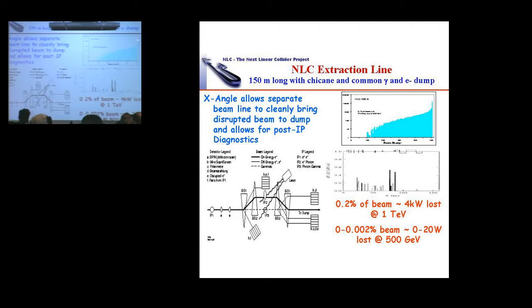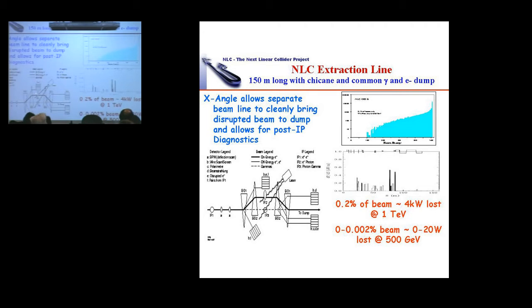As Reinhardt mentioned, there's an energy tail on the machine that is due to disruption, and basically the challenge is to get that energy tail through the system in a manner which is clean enough to allow for post-IP diagnostics. So the scheme that is foreseen for the NLC is to collect it, basically build a chicane into the system so that the charged particle beam is far enough away from the Beamstrahlung beam where you can put a Compton IP, an energy spectrometer perhaps downstream.